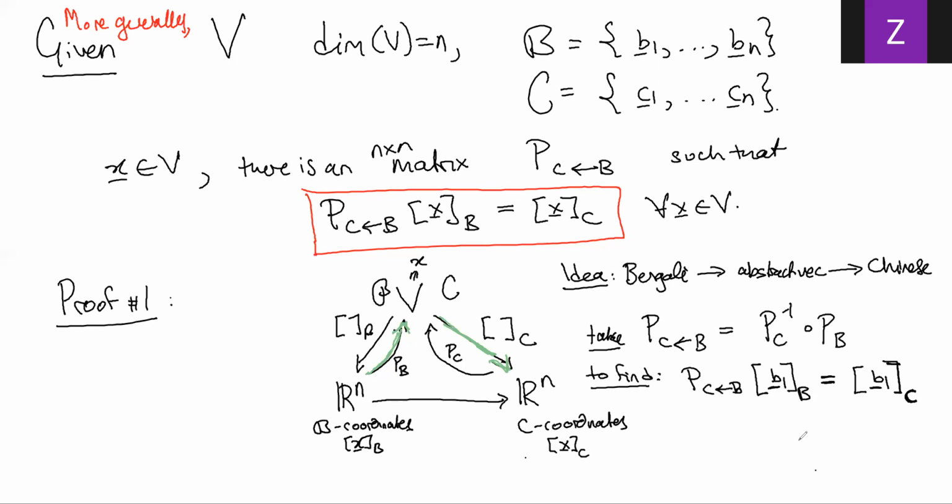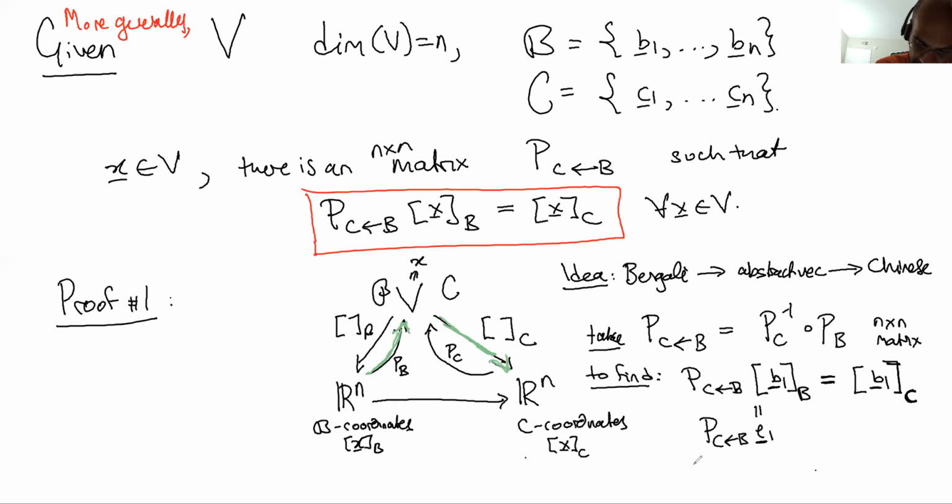Shouldn't it just be 1, 0, and then as many zeros as there should be? Exactly, it should be E1. So this is P, C gets B, applied to E1. But that's just the first column of C gets B. So this is an n by n matrix, and the first column is just the first basis vector of the input basis B written in the output basis C.